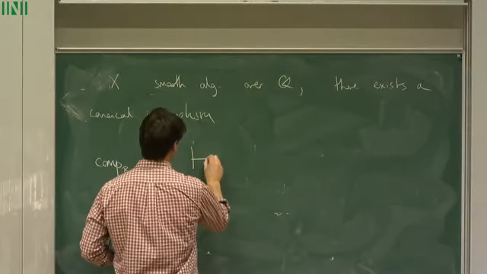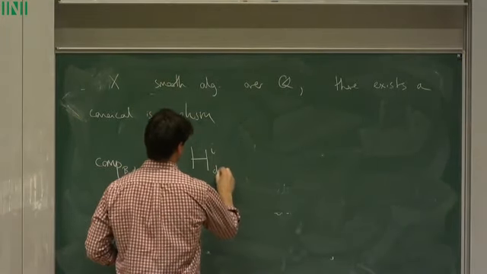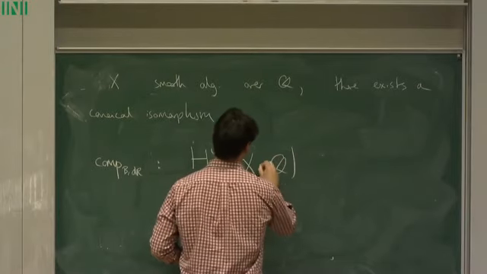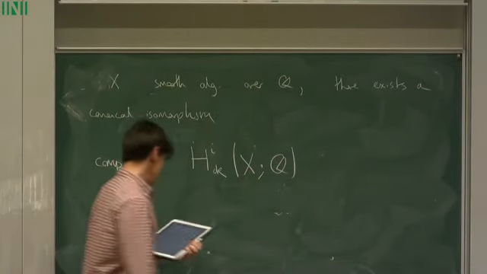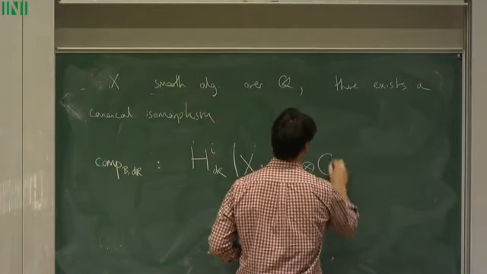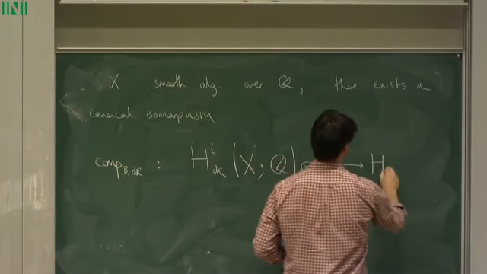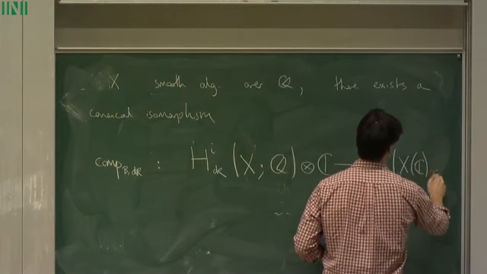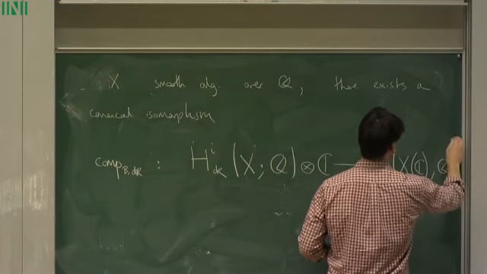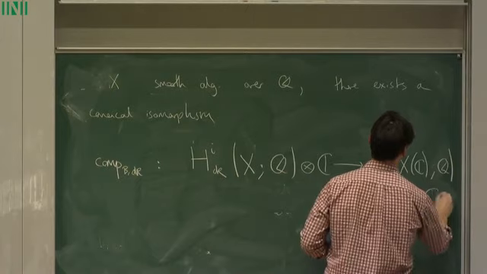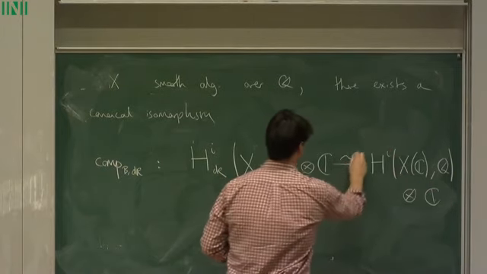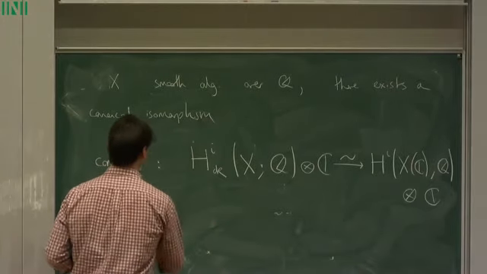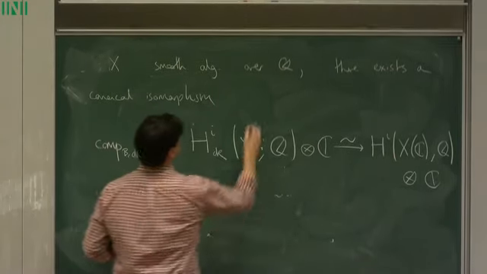It goes from the algebraic de Rham cohomology tensored with C to the singular cohomology of the complex points tensored with C. So that's an isomorphism, and again the map is the same one, given by integration.